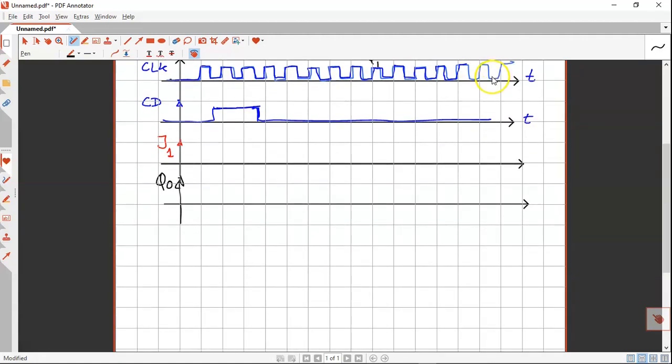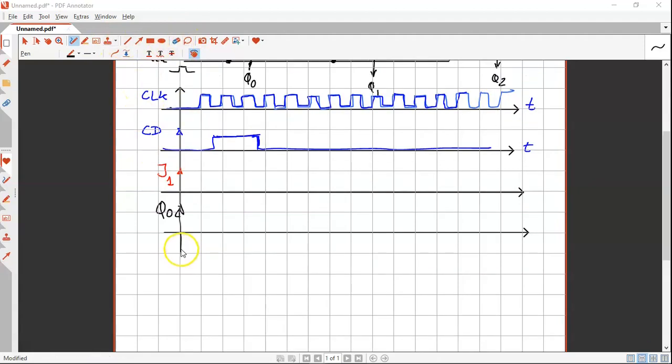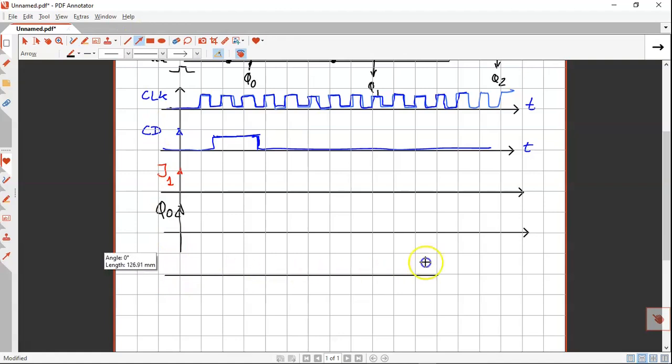So Q0. And another important signal that you have to consider, naturally, is the Q0 naught, because it happens to be the clock of the next two stages.